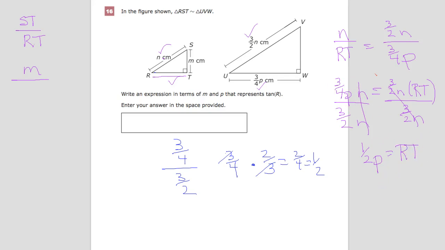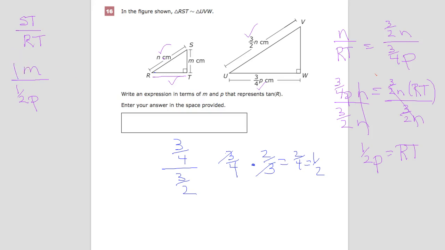Still not done. This is a long problem. So now I found RT to be 1/2 P. Again, you can't have a fraction in the denominator. You can't have a fraction in a fraction. That doesn't work. So there's a couple ways you can deal with it.